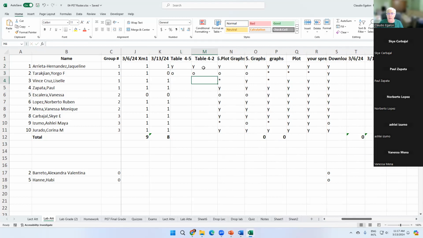Lizelle, did you manage to fill up tables 4-2 and 4-5, Lizelle? I don't see Lizelle. Okay, I'm gonna put an O here because she disappeared. She was initially here. Zapata, did you fill up tables 4-2 and 4-5? Yeah.